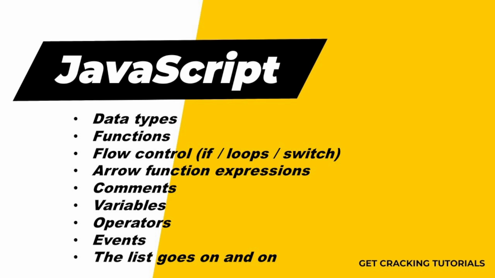So what are we going to learn? We are going to learn a bunch of stuff. We are going to learn data types, functions, flow controls, arrow function expressions, comments, variables, operators, events. The list goes on and on. There's a lot of things related to JavaScript that you can learn.